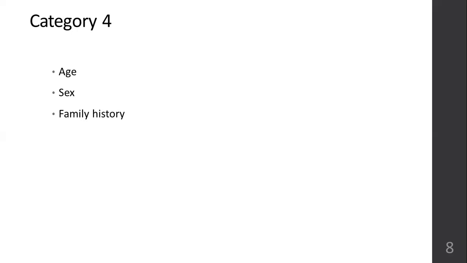Sex, men have high risk of cardiovascular diseases, coronary heart disease especially. The death rate and the disease rate in men is high, but after menopause, the incidence of developing cardiovascular diseases increases in women. By the age of 70, men and women, the risk is same.